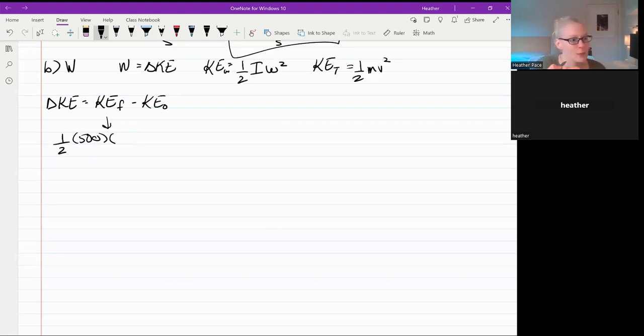And in our last problem, we found omega, 0.36, so 0.36 squared. This is negative because it's counterclockwise.